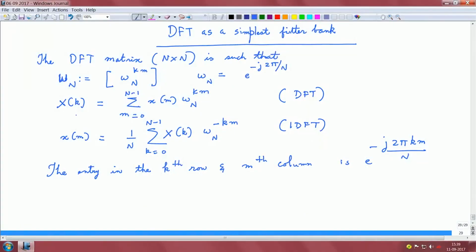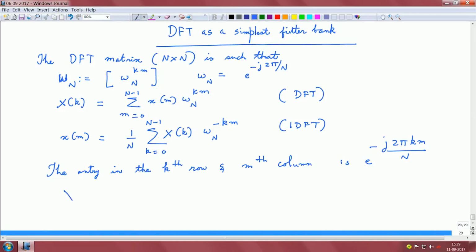If you stack all these points, if you take an n point DFT, X0, X1, X2 so on till X of capital n minus 1, and then you have the time domain samples small x of 0, x of 1 so on till x of n minus 1, you can think of it as a matrix multiplication, where you take the time domain samples, multiply with this matrix comprising these entries, and get the frequency domain samples X of k.